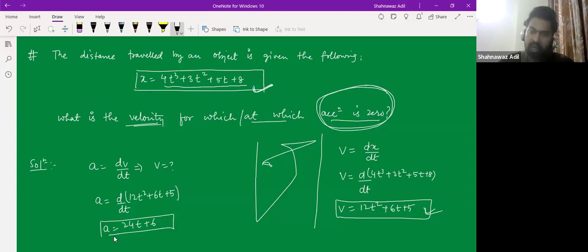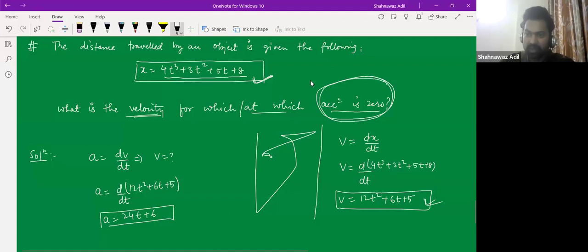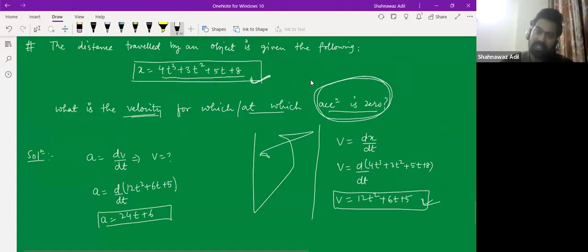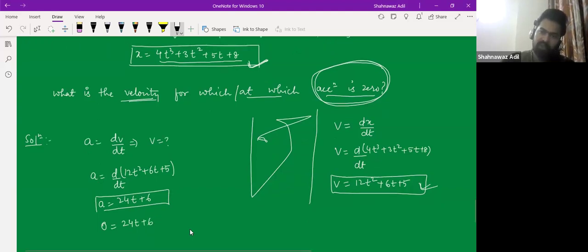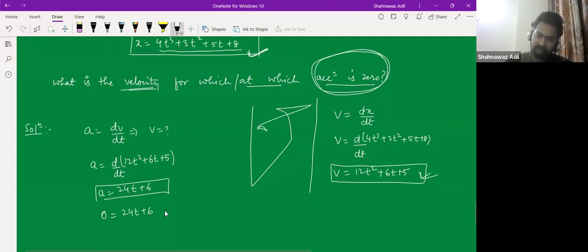Yes, sir. And now in the given question, they are saying that acceleration is 0. So we will put the instant where the acceleration is 0. So this is 24t plus 6 equals 0, right? So t would be how much? See that we are getting a negative quantity.